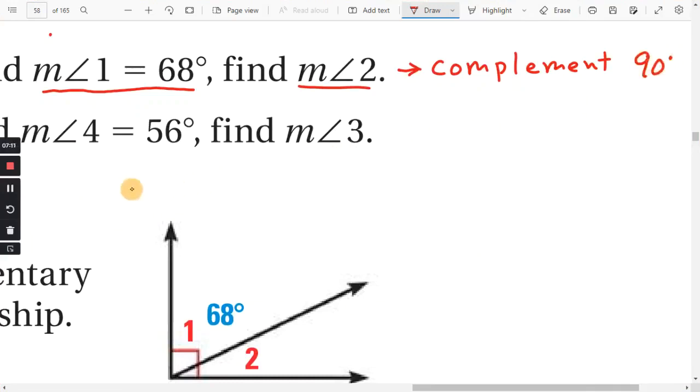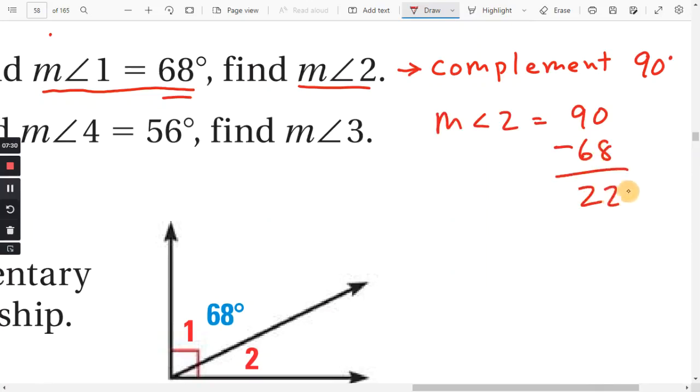See if you can find the measure of angle 2. They're just going to add to 90. So if one of them is 68, then the measure of angle 2 is just going to be 90 minus 68, and that is 22 degrees.